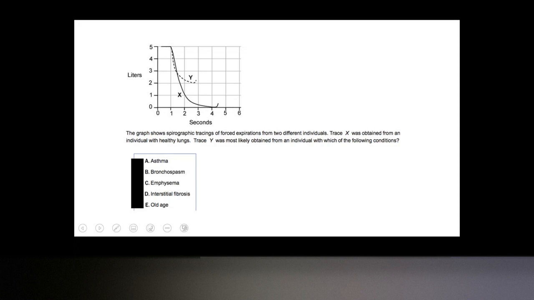Can you guys read the question and try to answer this? Did you guys try?